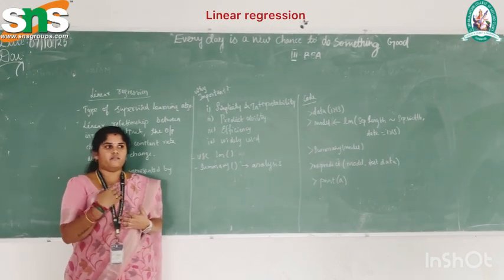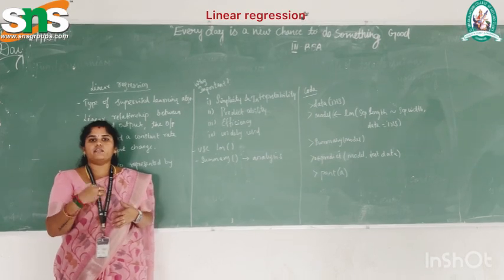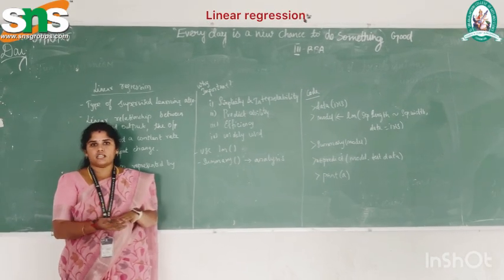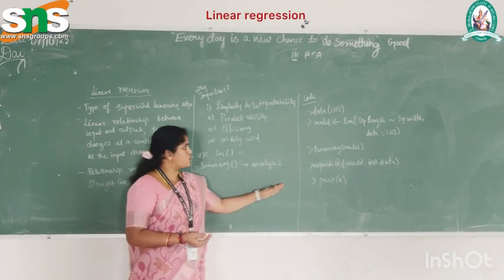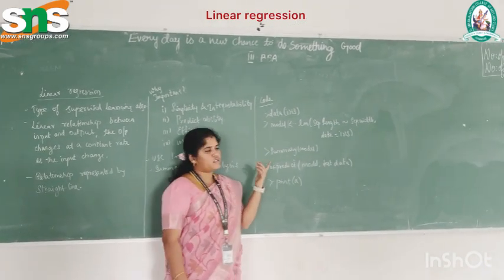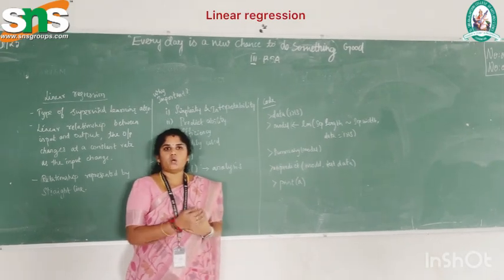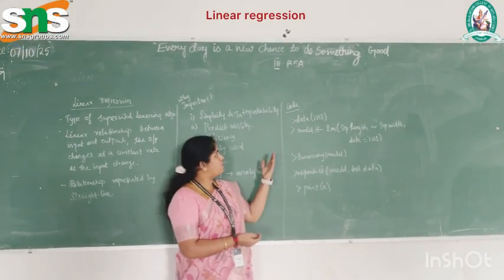Whatever we are studying, based on the workout only, we need to know whether the model is working well or not. So through coding we are going to learn. For creating the linear regression model, we need to load the specific data. I am going to load the iris data.